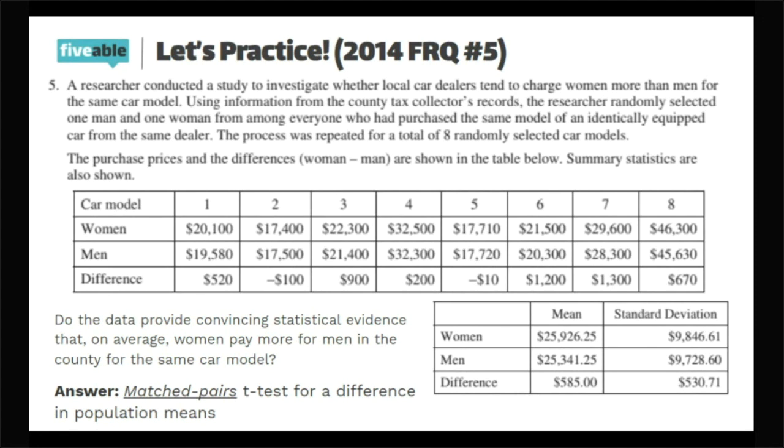And what would be the parameter? Yep, the parameter is mean amount spent on the car by women versus mean amount spent on the car by men. So like you could write mu women and mu men as long as you identify that you're defining the amount spent on the car.